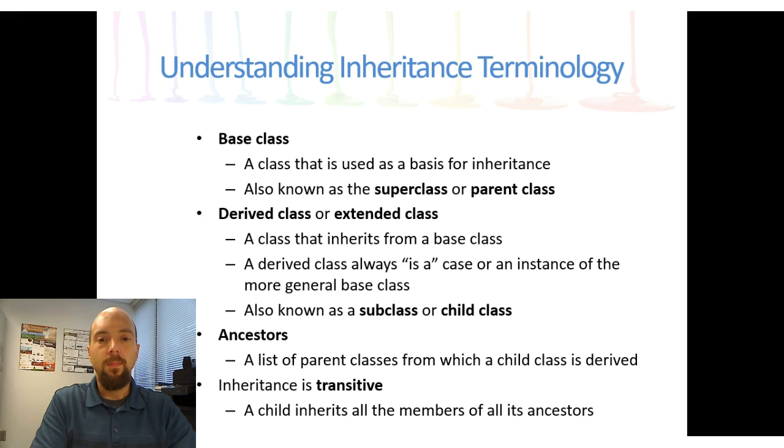This allows us to do this thing called ancestors, which is kind of like a family tree. The child object relies on the parent object, and this means that the properties and the methods obtained by the child are transitive, which means that it's going to receive everything from all of its ancestors.